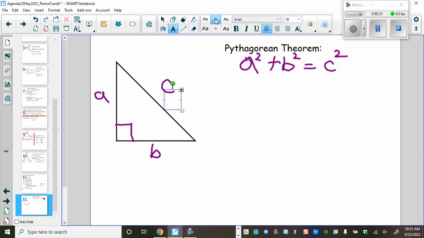That's always your longest side. Hypotenuse, longest side. Yep, you gotta get that. Pythagorean theorem, A squared plus B squared equals C squared.